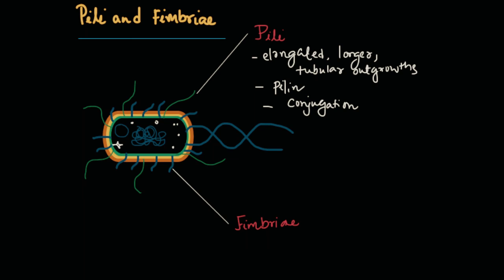Fimbriae are smaller, bristle-like or hair-like fibers protruding out of the cell. The function of fimbriae is attachment. Fimbriae help in attachment of the bacteria to solid surfaces as well as host tissues.